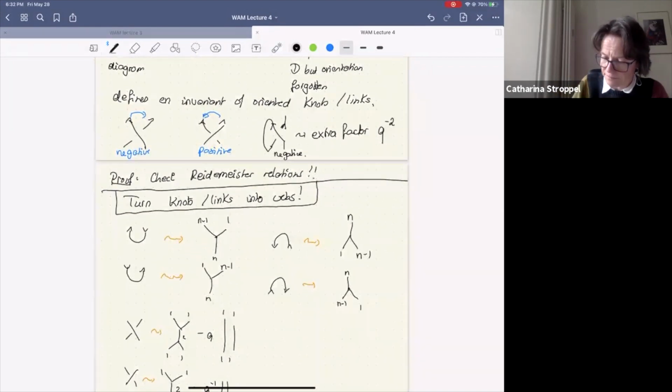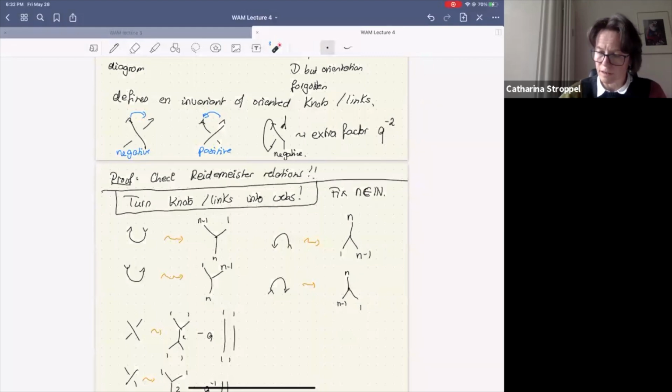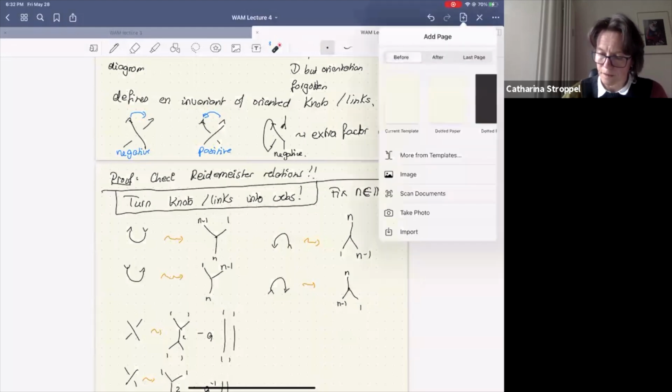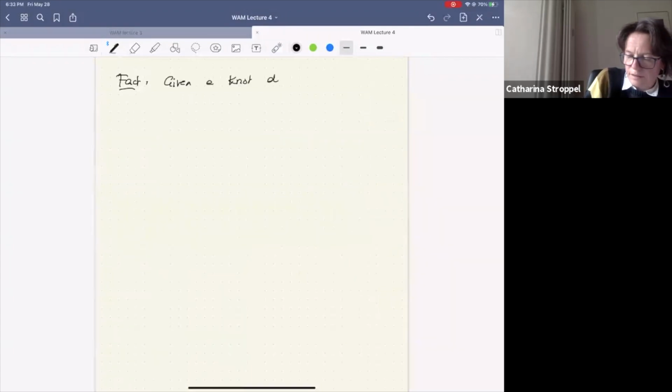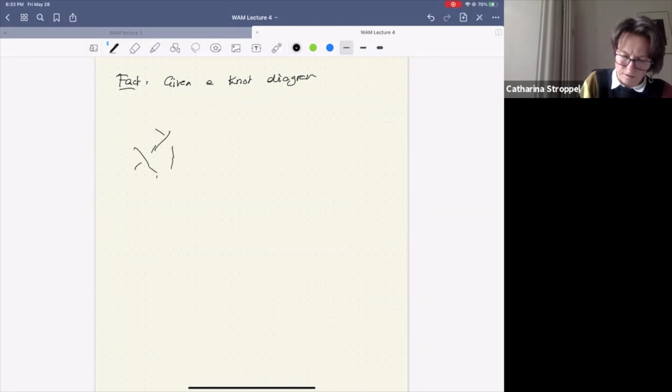So I fix n, a natural number. And then the rule is whenever you see a, so maybe I should put one comment before. So the fact is, given a knot diagram, so let me write one of them which we had before, like this one.